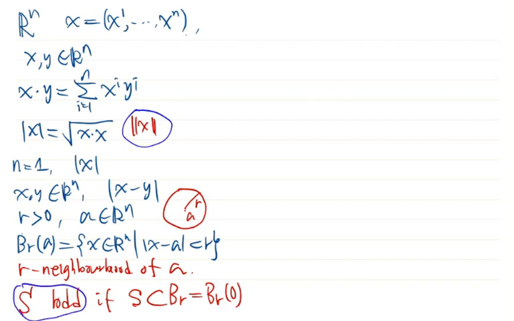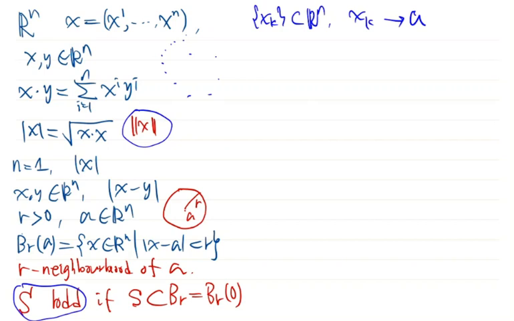Now we consider sequences in Rn. xk is a sequence in Rn. We say xk converges to a point A. What does this mean? This is a sequence of points in Rn, and the distance of every point to the fixed point A converges to 0.